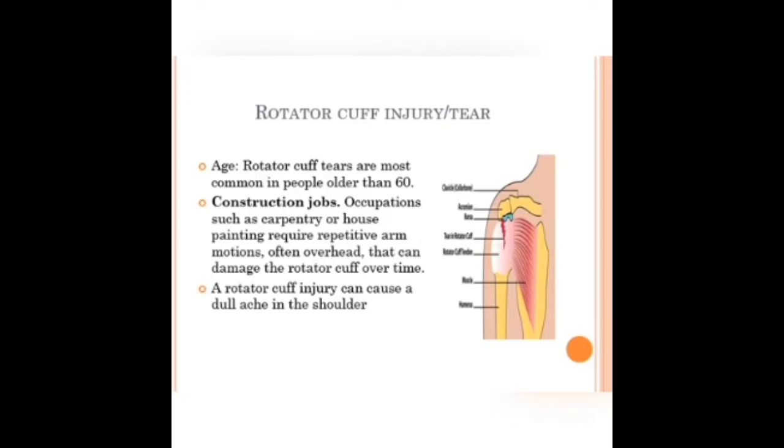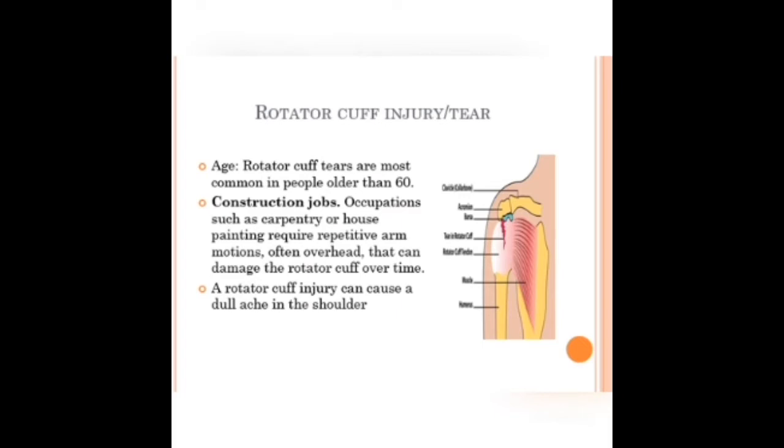We can also see rotator cuff tears in people who do repeated activities, carpenters, who do painting jobs. So knowing a patient's occupational history is very important. When you are taking history, take occupational history, and check whether they are doing any construction jobs, because they may have this rotator cuff pathology.